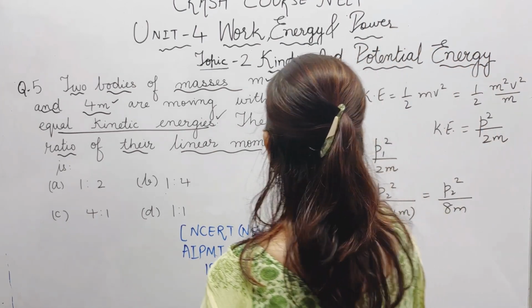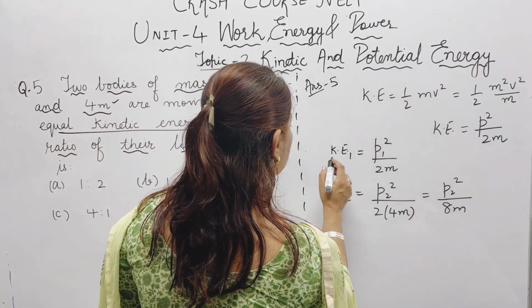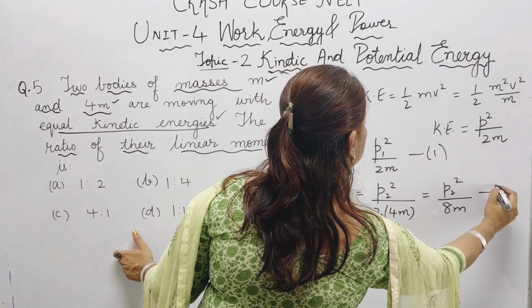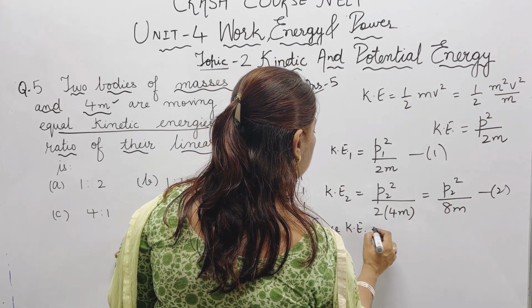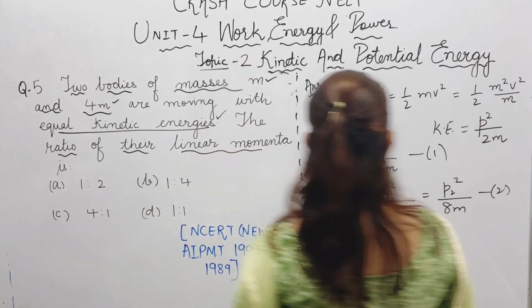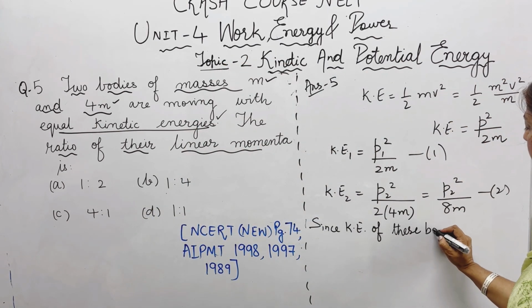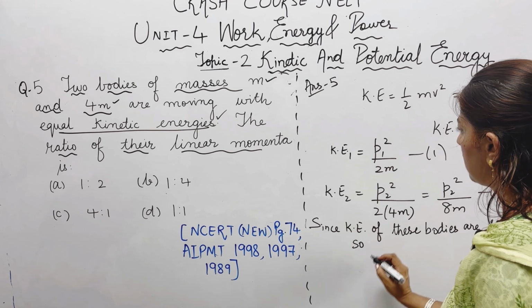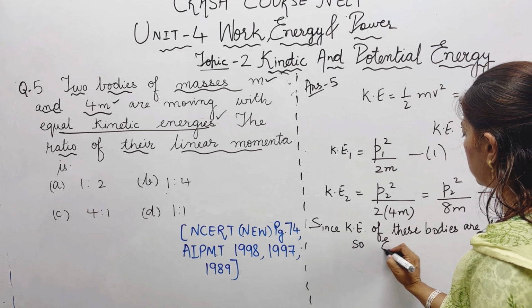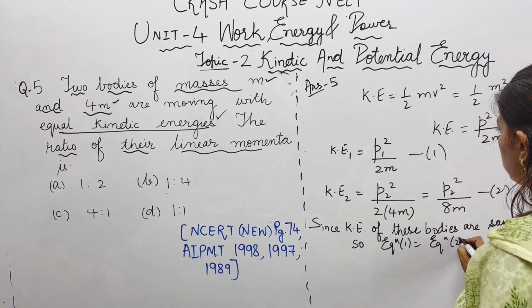Now the kinetic energies of these two bodies are equal, so equate equation 1 and 2. Since the kinetic energies of these bodies are the same, equation 1 is equal to equation 2.